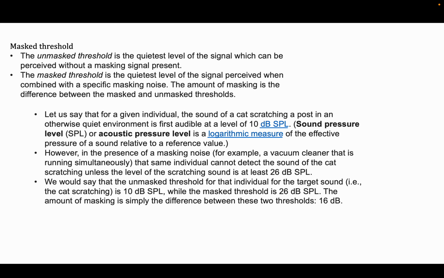However, in the presence of a masking noise, let's say someone turns on a vacuum cleaner and it runs simultaneously, you cannot detect the sound of the cat scratching because your vacuum cleaner is going to be about 26 dB. So we would say that your unmasked threshold for the cat scratch sound is 10 dB SPL, but the masked threshold is 26 dB SPL. And so the amount of masking is the difference between these two thresholds, or 16 dB.